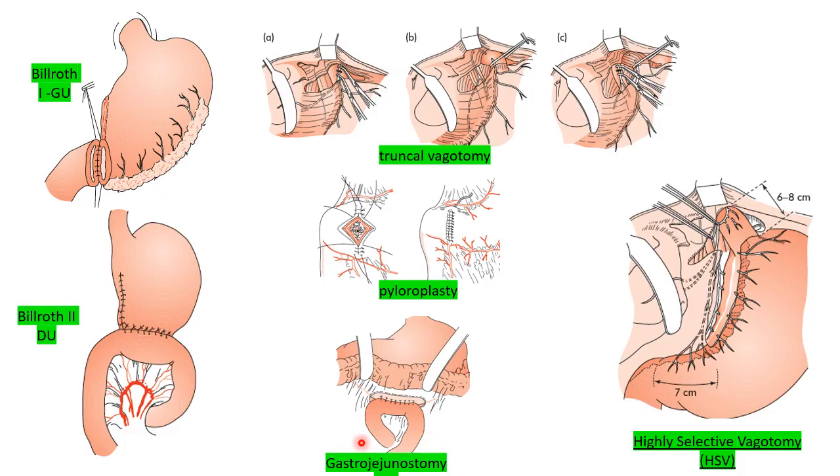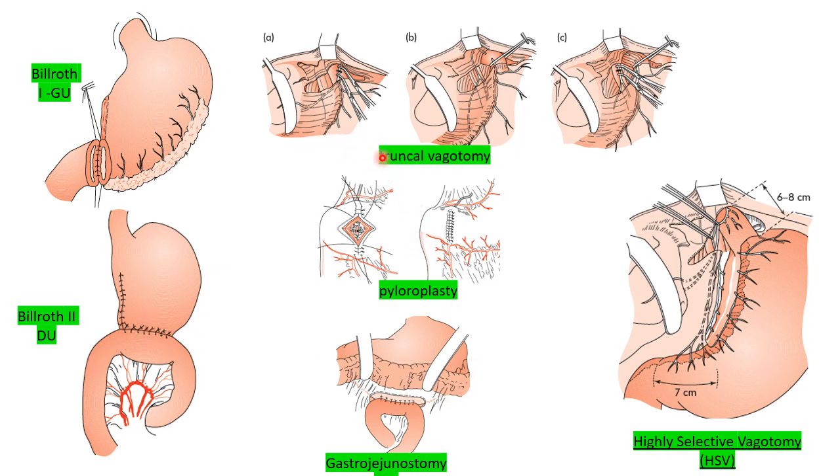These pictures here illustrate the various types of surgical procedure that are available. Billroth 1 is for gastric ulcer, where the ulcer-bearing part of the stomach is removed and a gastroduodenostomy is done. Billroth 2 is a partial gastrectomy, where the part with the ulcer is removed and a gastrojejunostomy is done, a GJ bypass.